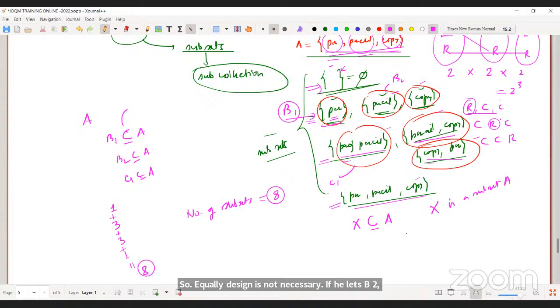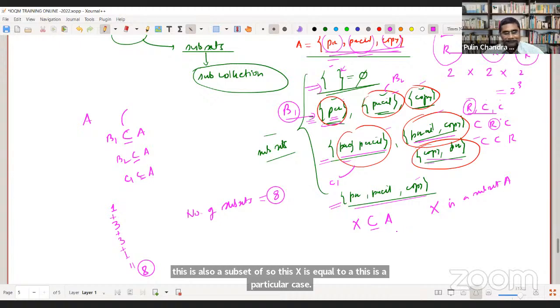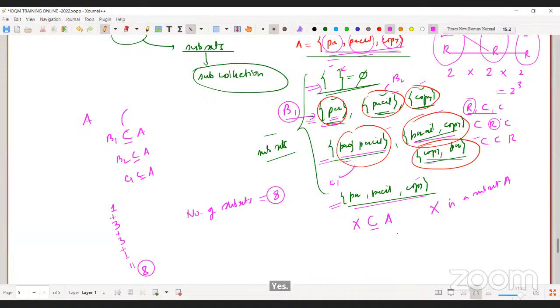But in general, when you write that X is a subset of A, you have to keep in mind that this is also a subset, so X equal to A is a particular case. Right? So when B1 is this set, then okay, B1 subset of A, no need to write the equal to sign. But when we generalize, X is a subset of A. So this is a particular case that we are also thinking about, the last subset.